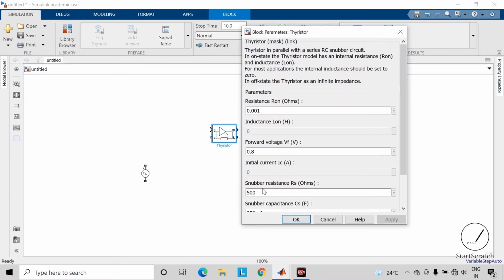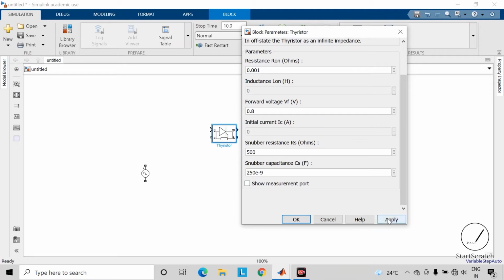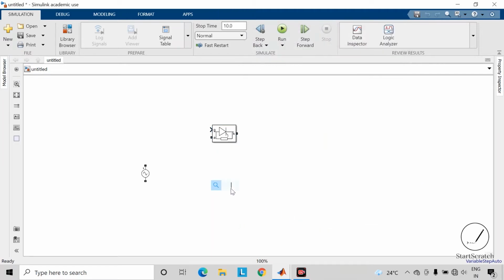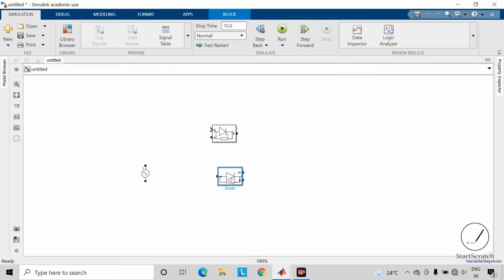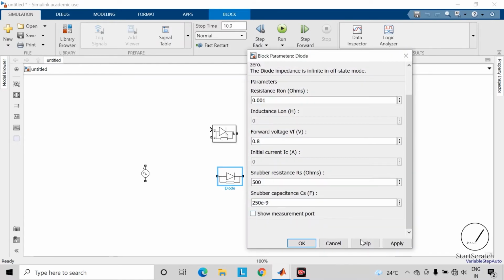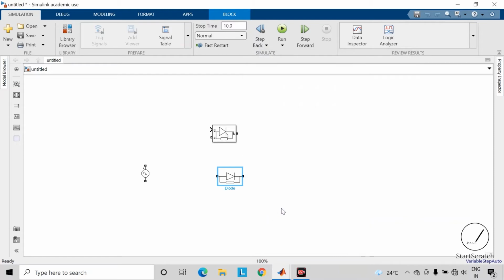Remove the measurement port as it is not required.